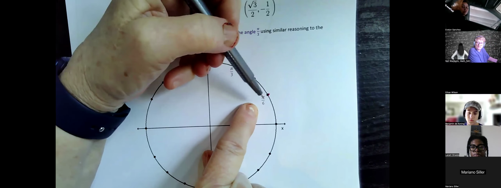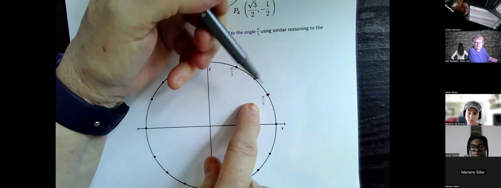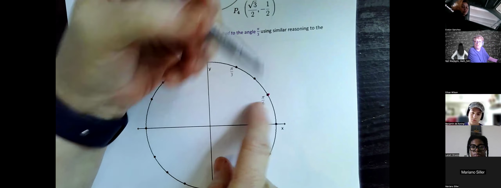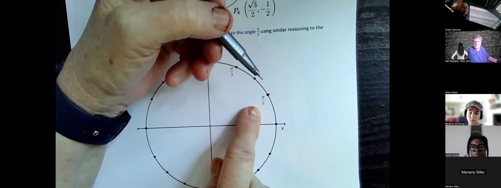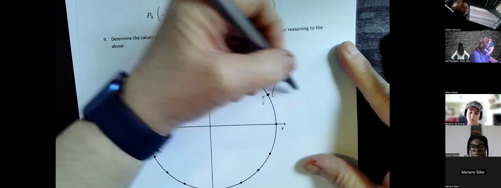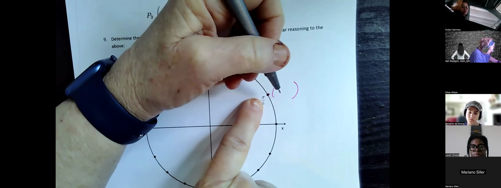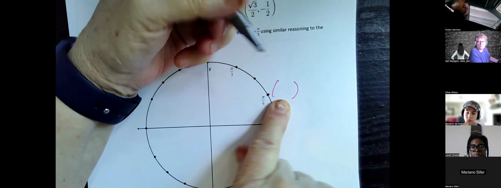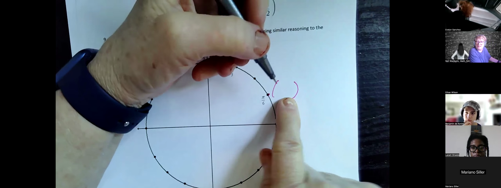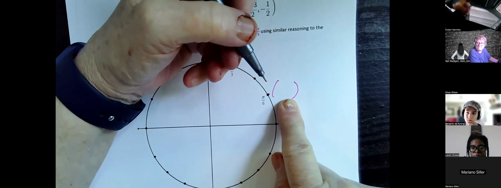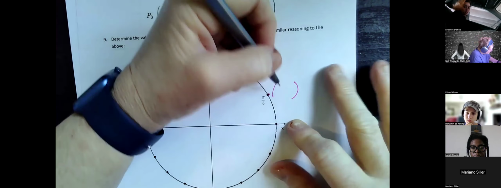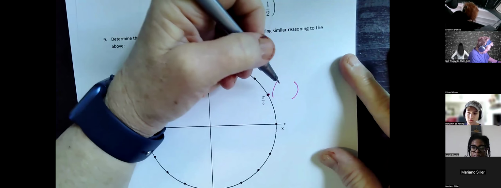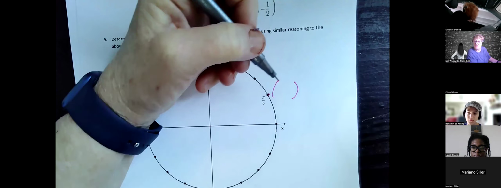That's the reason that the angle and the value of the point are often written together. So the point here, what is the point on the unit circle? Which one is 1/2?